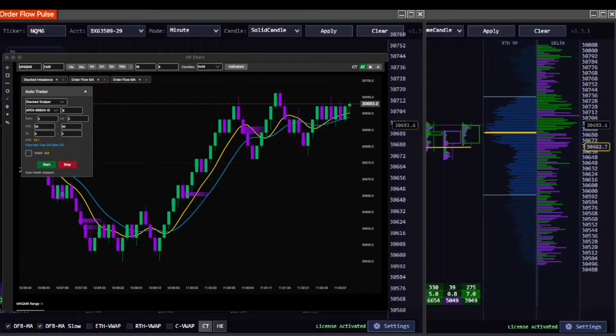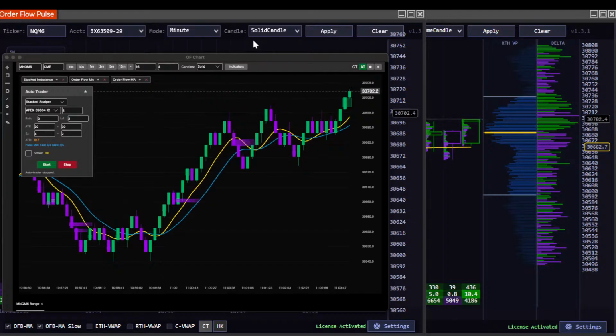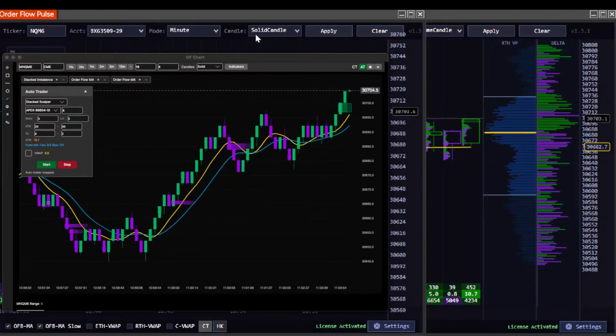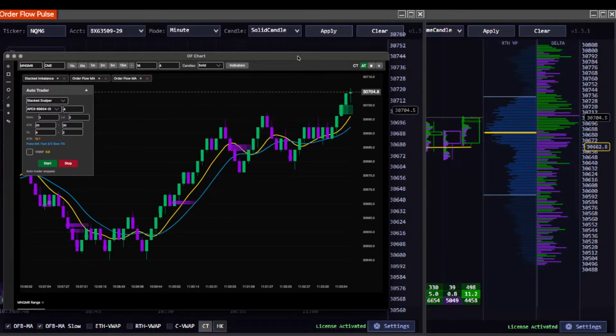I'm doing some really high frequency trading scalping. It actually would have taken that trade right there. I've got to shut down because I need to look at the logs and find out what the heck is going on.